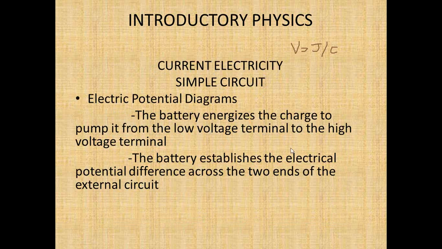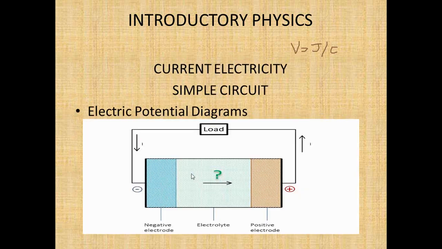So the battery establishes the electrical potential difference across the two ends of the external circuit. Again, this is your battery. This is your external circuit. So you have the negative. We said the negative portion of the battery is the low potential terminal. The positive is the high potential terminal.